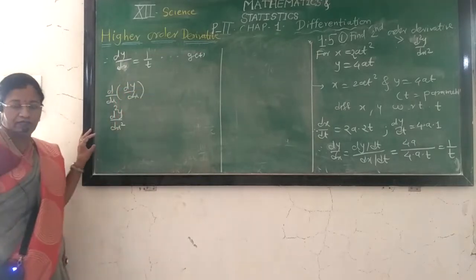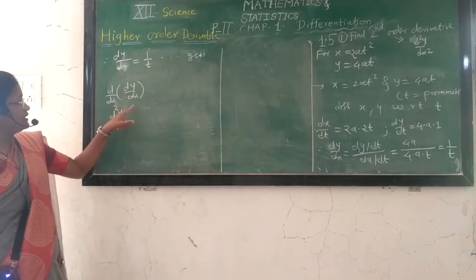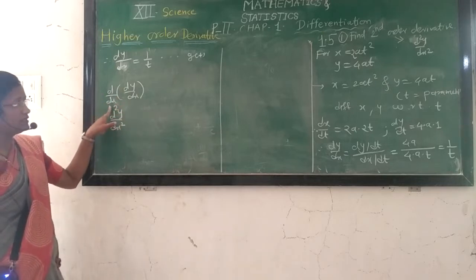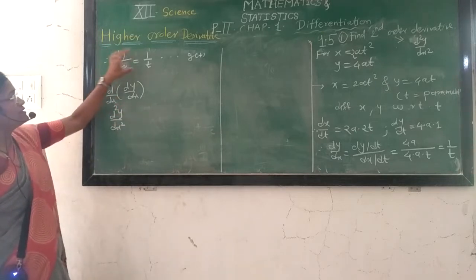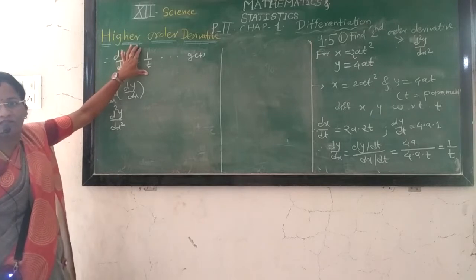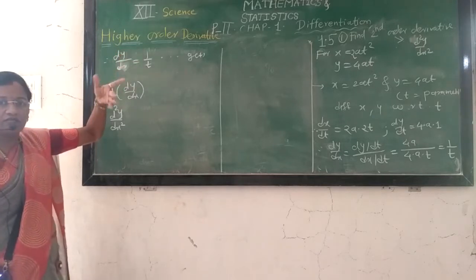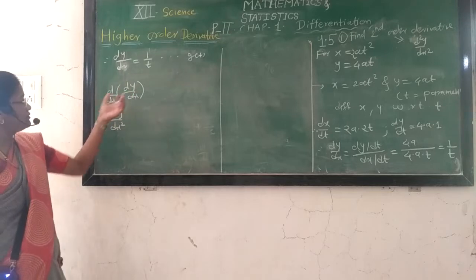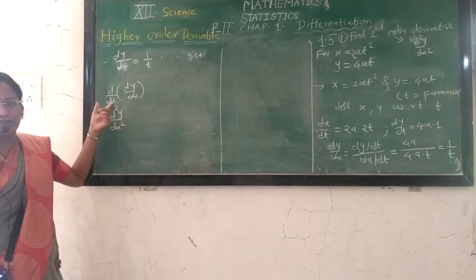with respect to x. Now take the derivative of dy by dx with respect to x, but here dy by dx is the function 1 upon t that does not include x, and therefore we cannot differentiate this directly with respect to x.